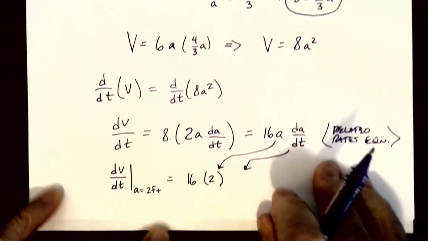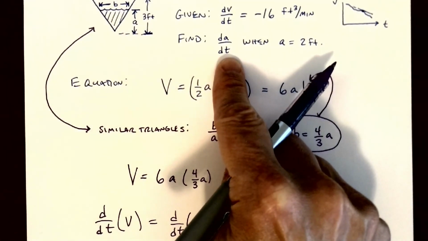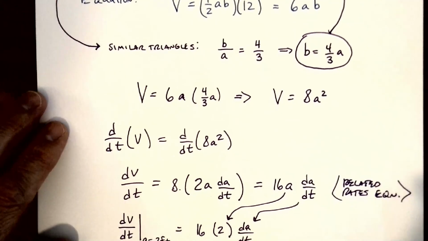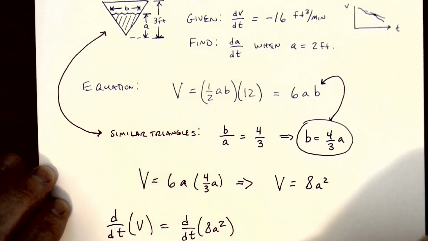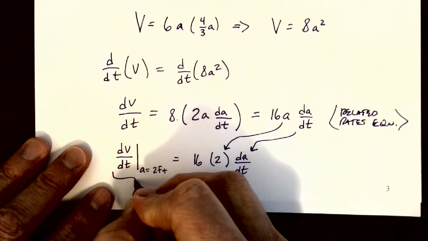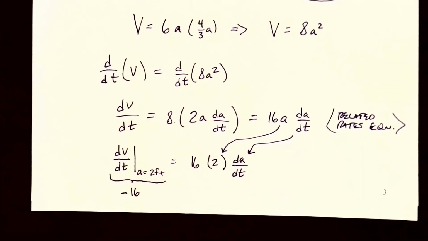I'm sorry, we're looking for dA dt, and it's dV dt that we know. So dV dt we do know is negative 16 cubic feet per minute.